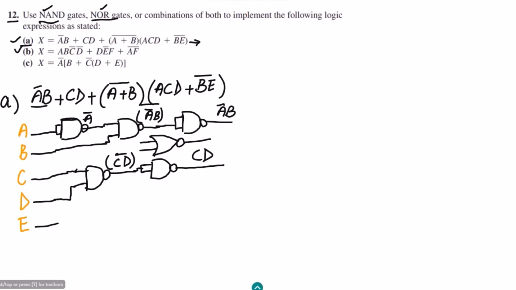The first one is A, let me use this here, and the second one is B. At the output of it, what will I get? A plus B whole complement. Okay, so this is the output of this, and similarly ACD and BE.